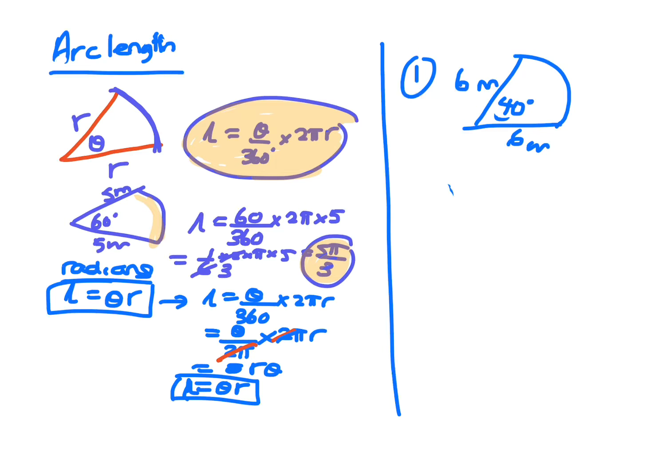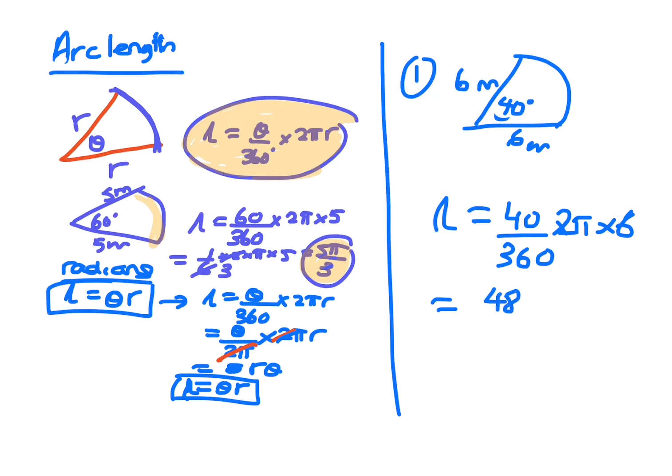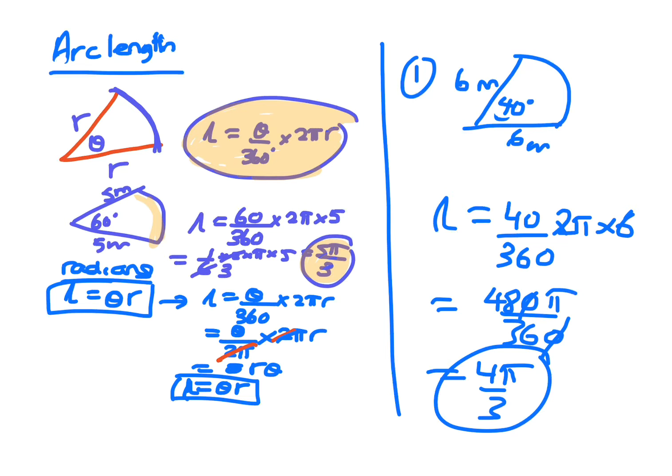So to get the actual perimeter, the arc length will equal, if you did in degrees, 40 on 360 times 2 times pi times 6, which is 12. So it'll be 480 pi on 360. The zeros go and 12 goes into both of those, so it's 4 pi on 3. Okay, that's using this first formula here.